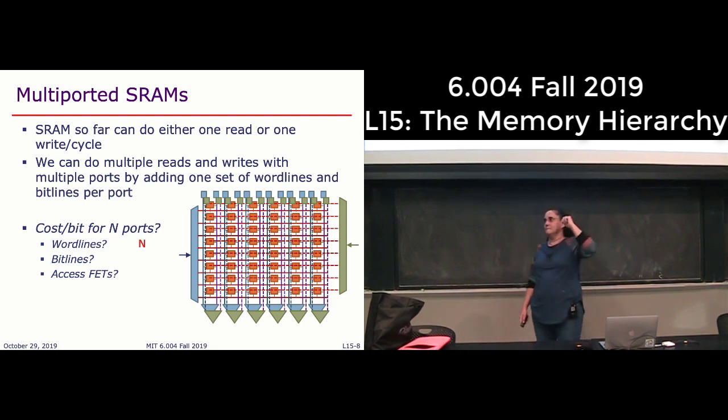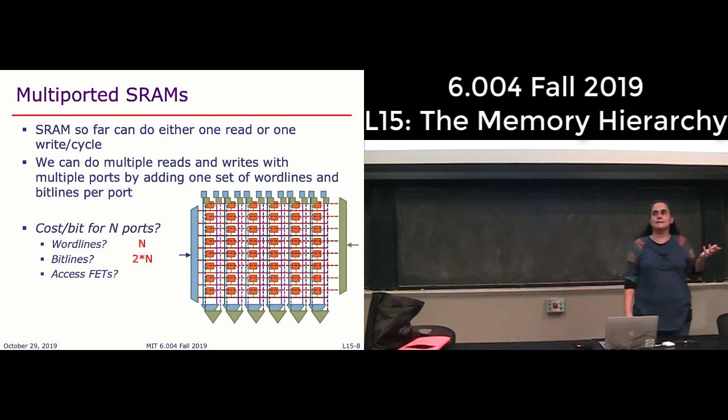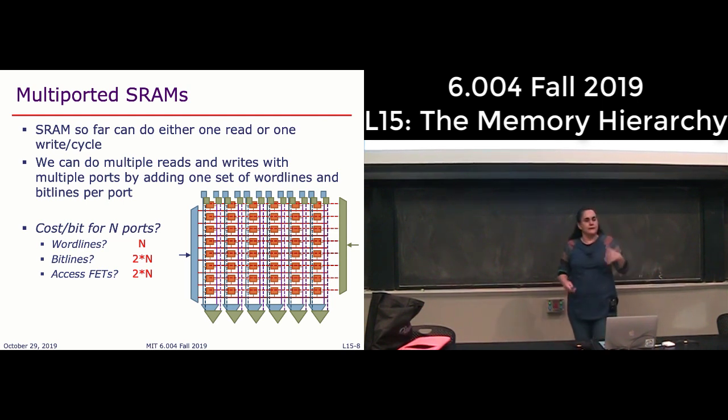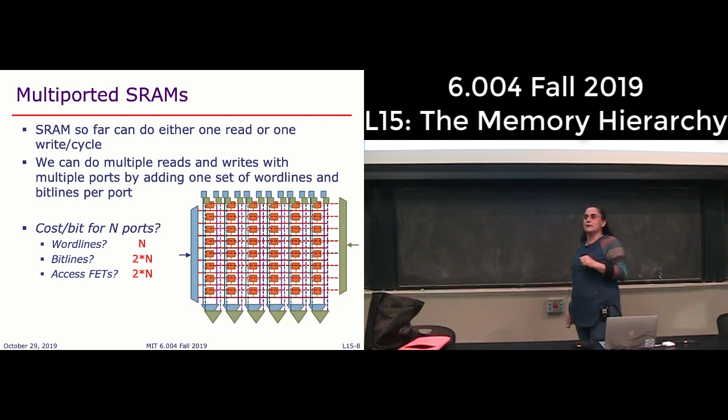Yep, 2n. And how about the number of access FETs or access transistors? Also 2n, right? So that's all great, and so we know that this thing grows linearly in terms of all of these things that we need.